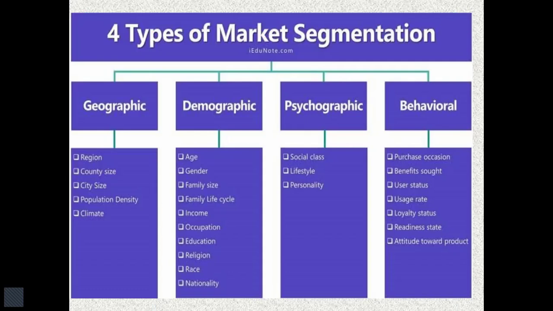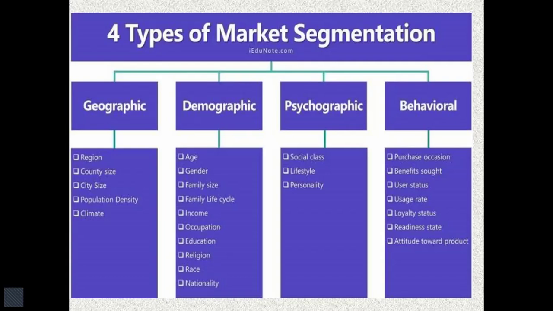We have different attributes mentioned over here: the region, country size, city size, population density, climate. Obviously, based on the population density, we come up with apartments or houses of such kind. And in demographics, we have so many factors available, then psychographics and then behavioral.